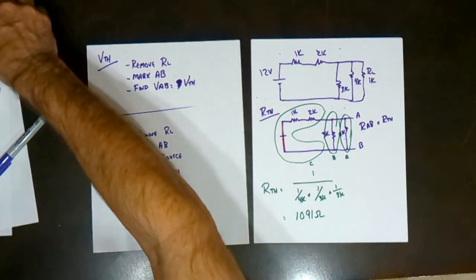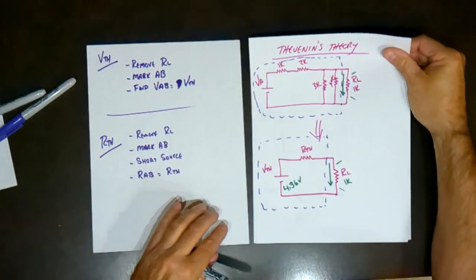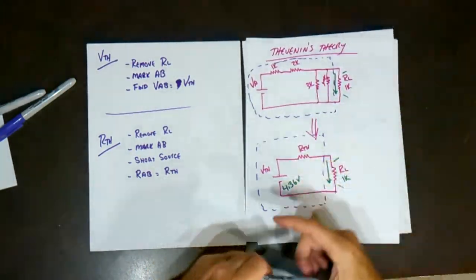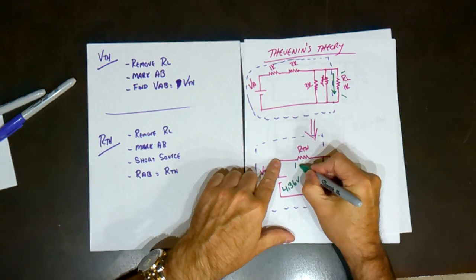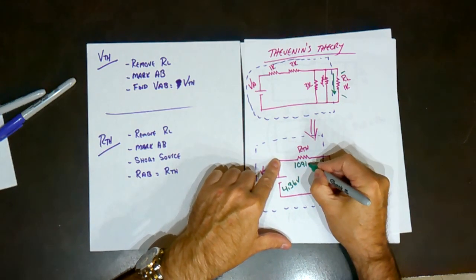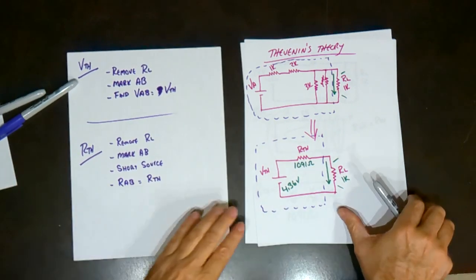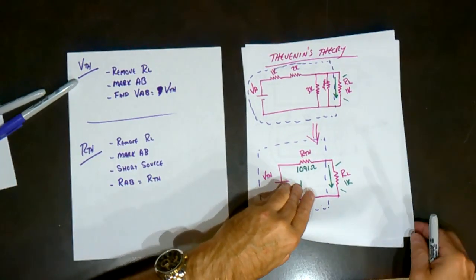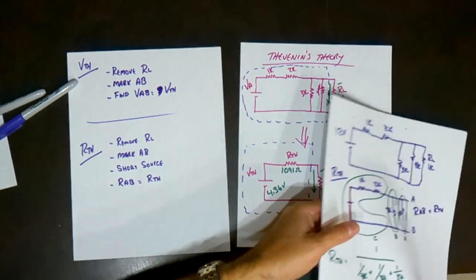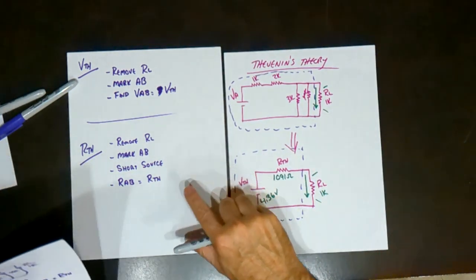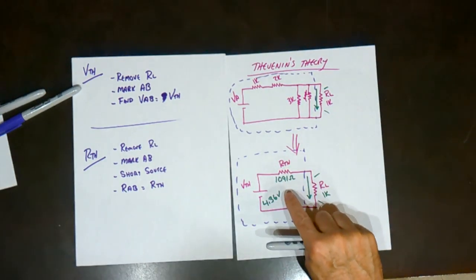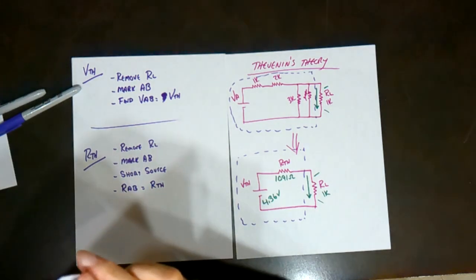So then we go back to Thevenin's and we put that in as the resistance, 1091 ohms. So following Thevenin's procedures, we have created Thevenin's circuit.